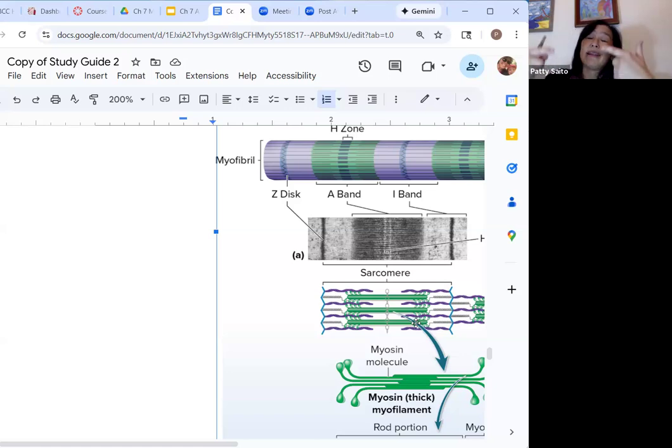Well, actually, the tropomyosin moves back and causes the myosin heads to detach. ATP is needed for that, right? So the ATP is needed to detach, and we'll talk about that in a second. And then once it detaches, the thin filaments go back to where they were, and your muscle relaxes.